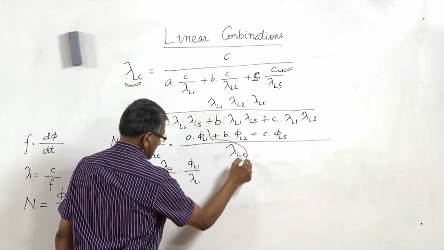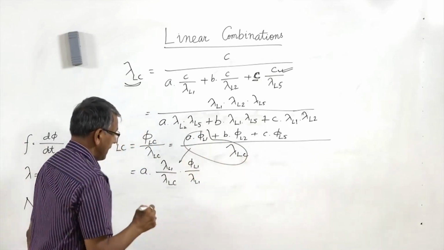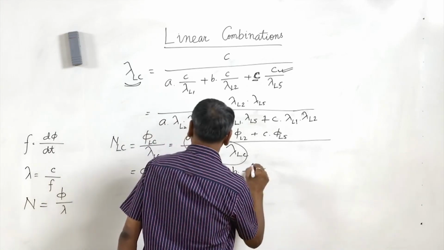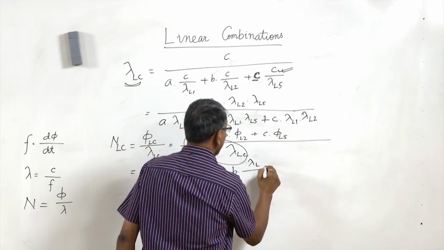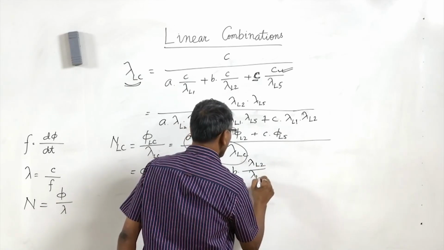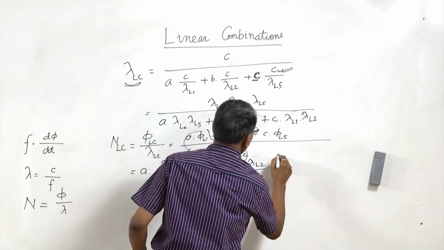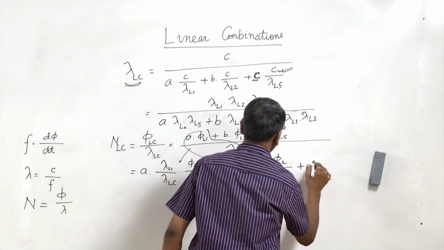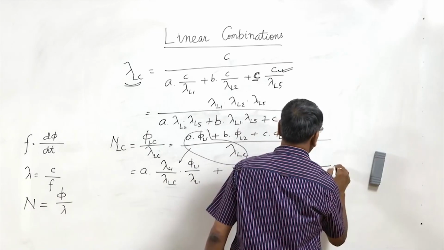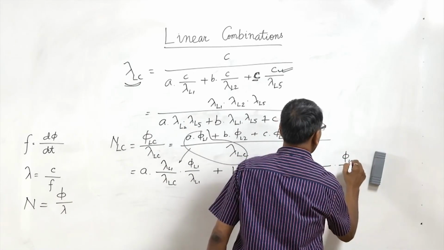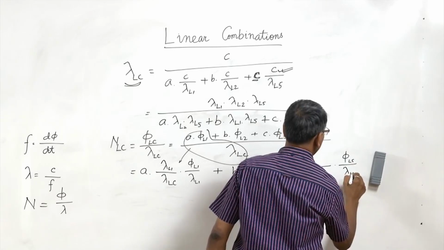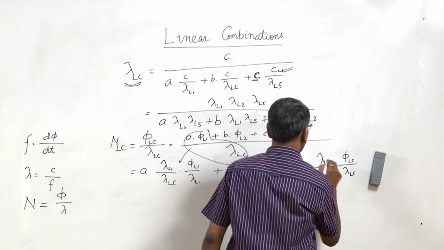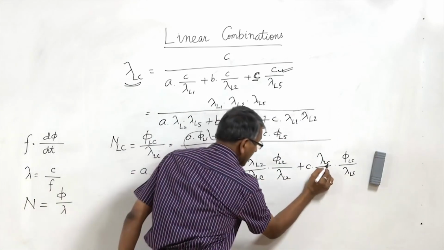For this I can write this by algebraic manipulation. Similarly, B into phi L2 lambda L2 plus C into phi L5 lambda L5, so this is what we can get from here.